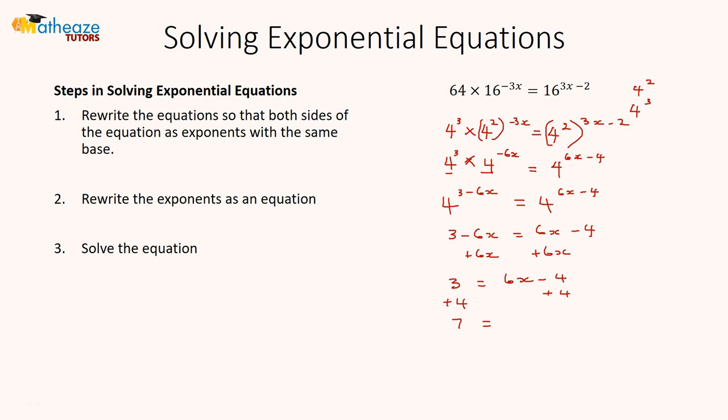So 7 is equal to 12x. We divide both sides by 12. So x is 7 over 12.